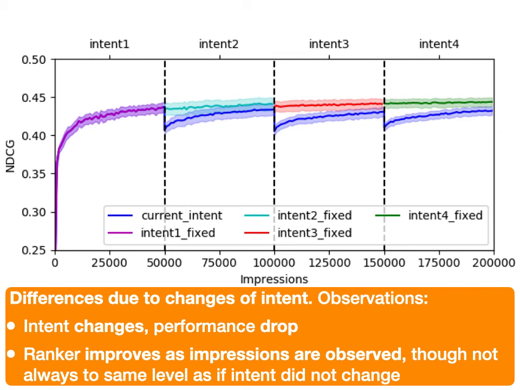Sometimes it doesn't arrive at that score, but eventually would arrive if it had more interactions. So this example shows how online learning to rank indeed does adapt to changes of intent, because every time an intent changes, your ranker drops in performance, but then as it keeps observing clicks generated by this new intent, the ranker will change itself and will adapt to the intent that the user is now referring to. It wasn't in the past.